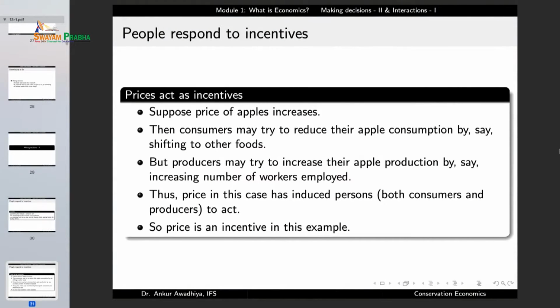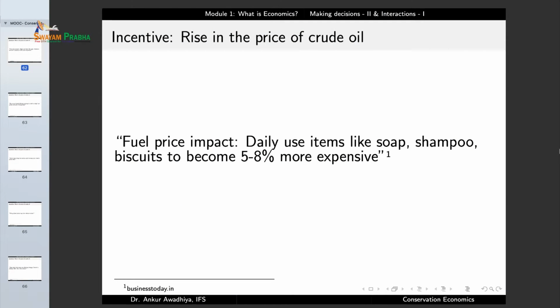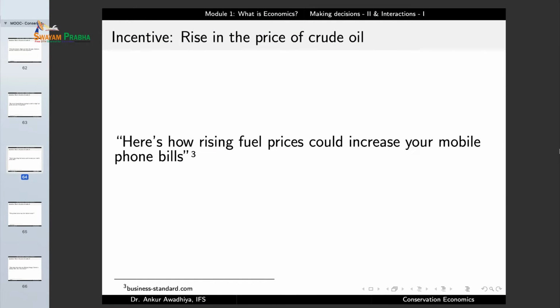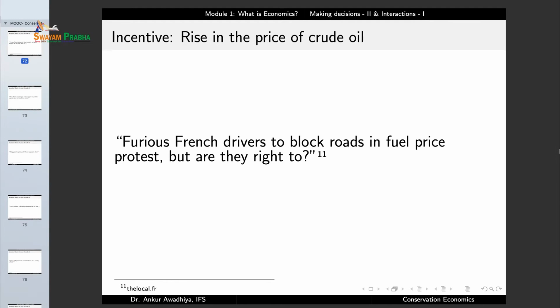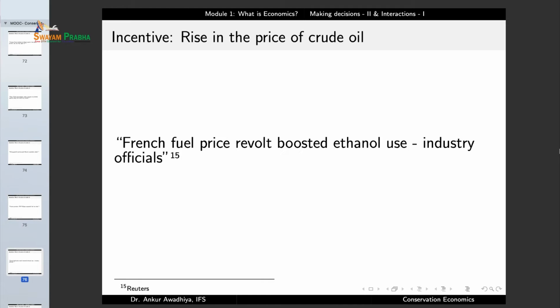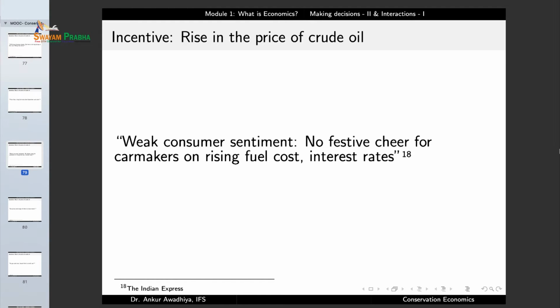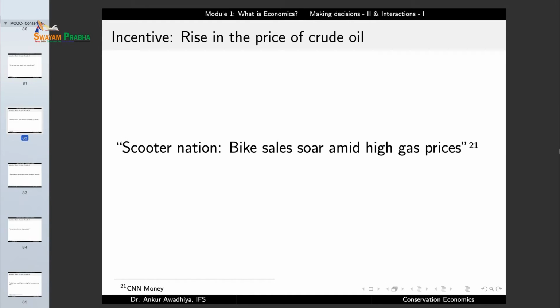Prices act as incentives. And we have observed that the rise in the price of crude oil can lead to a large change in the thought process of several people. And it can lead to things even as large as political changes.